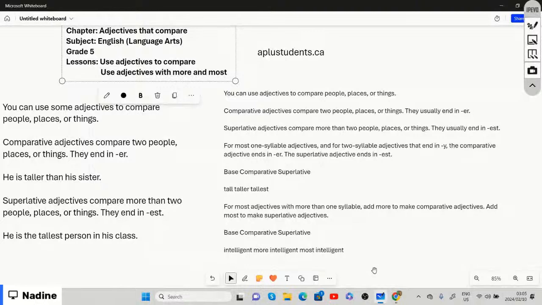Our subject is English language arts, grade 5, and the lessons that we are going to be focusing on today under the chapter of adjectives that compare are to use adjectives to compare and also to use adjectives with more and most.